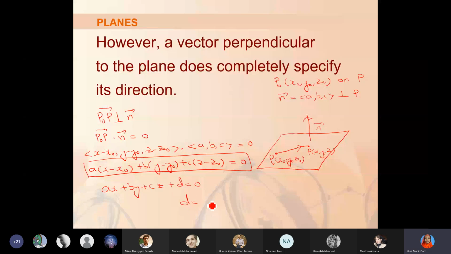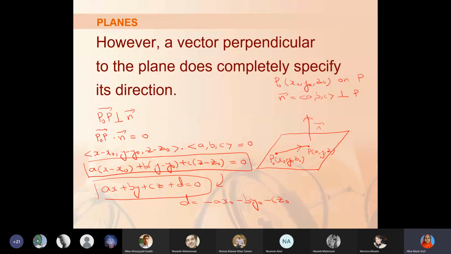D is minus ax naught minus by naught minus cz naught, because a, b, c are given constants, and x naught, y naught, z naught are also constants. So any linear equation in x, y, and z with not all of a, b, and c being 0 represents the equation of a plane, as I told you before.